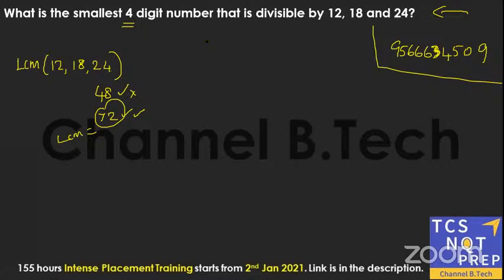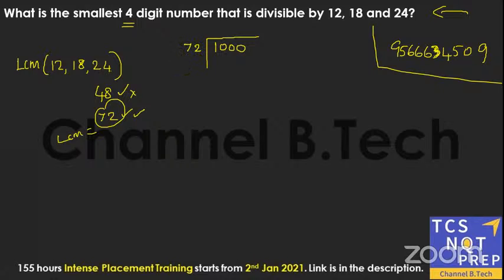Now, the smallest 4-digit number. Without any condition, if they ask you what is the smallest 4-digit number, you will write it as 1000, right? Because 1000 is the smallest 4-digit number available in our decimal system. Now, I'm going to give you two methods.